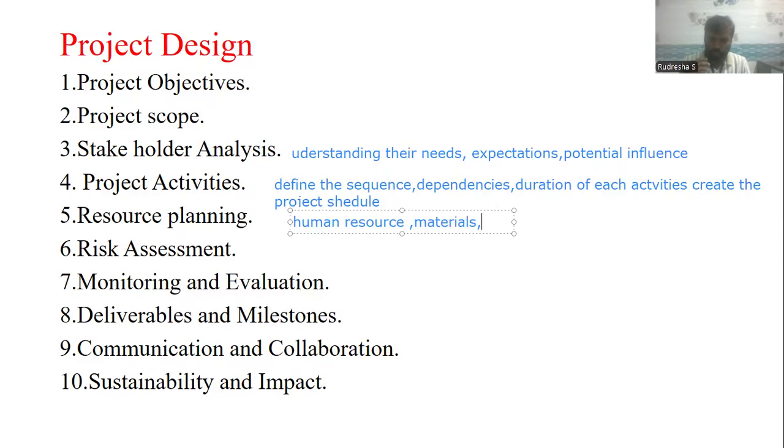Next, I am talking about materials, and next, equipment. Next, I am talking about budget.